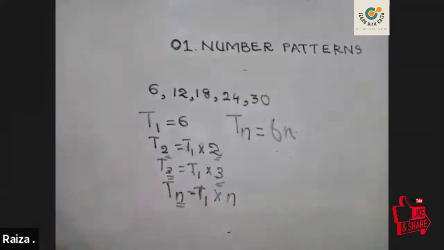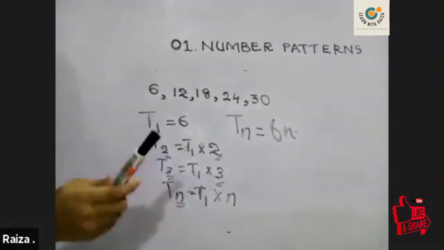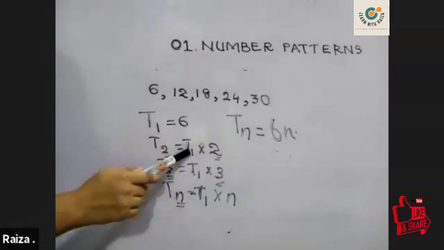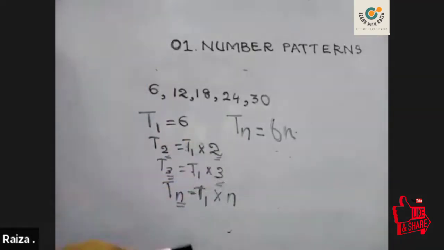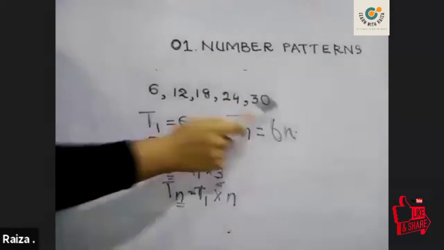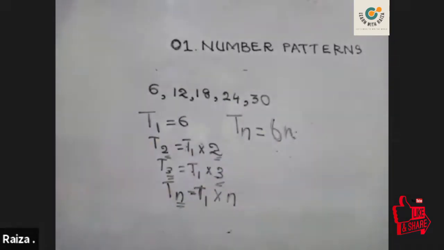Why do we multiply that? n means the term number. First term means 6 times 1. Second term means 6 times 2. Third term means 6 times 3. Fourth term, 6 times 4. Nth term, 6 times n, that is 6n. Now this is very similar for almost all multiple patterns.